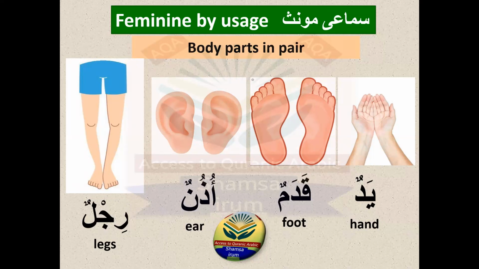So any part which is in pair comes in the feminine category, and any part which is one or more than two comes in the masculine category, like hairs, teeth, fingers. They are more than two, so they also come in the masculine category. That's why I said if we know the feminine points, automatically we will learn the masculine as well.